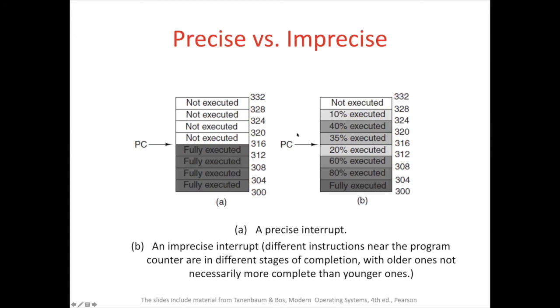For example, here is the value of the program counter, and this instruction may be 80% executed, this one 60%, this one 20%, and this instruction stored at a location after the value of the program counter is executed more than this one, which is before the program counter. And also this one is executed some more, and this one a little. So the older ones are not necessarily more complete than the younger ones.